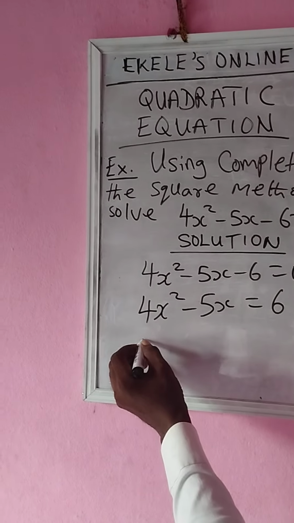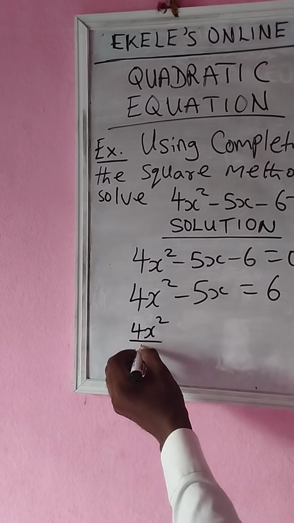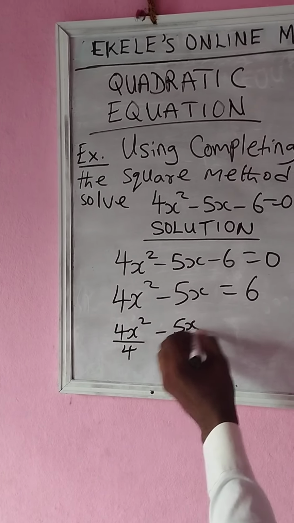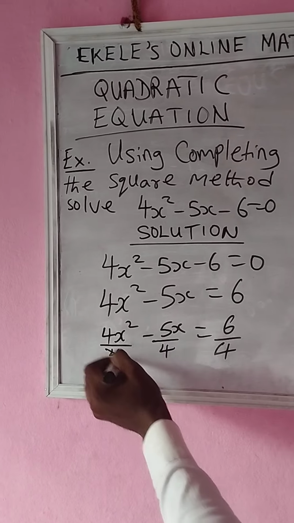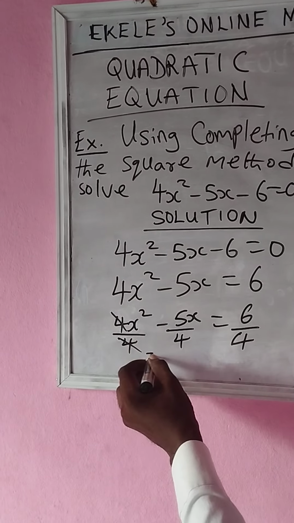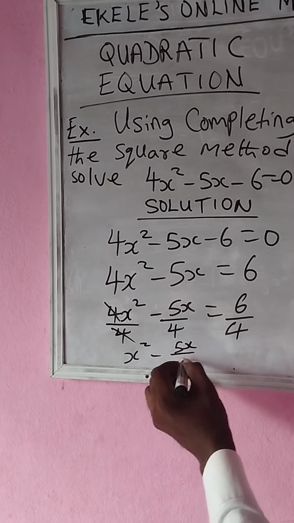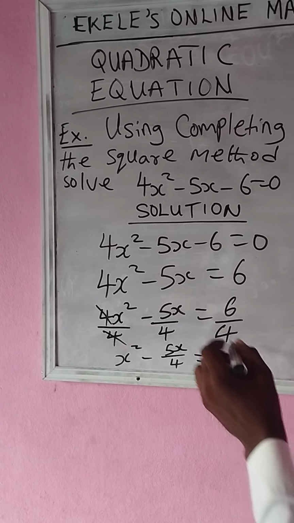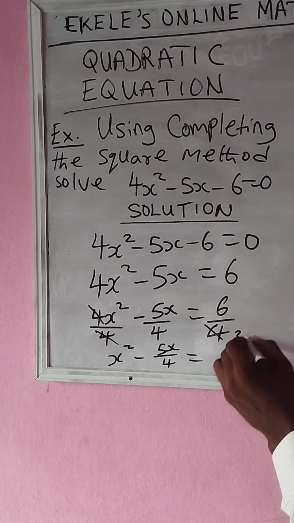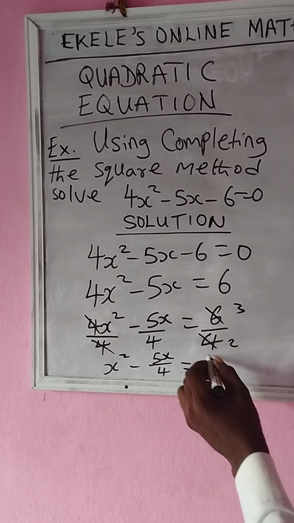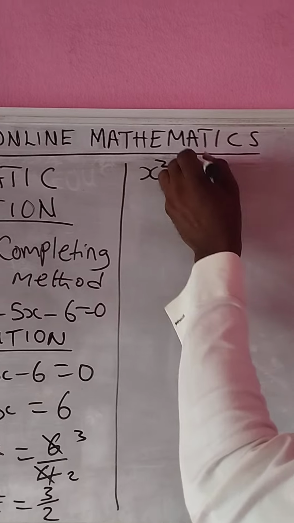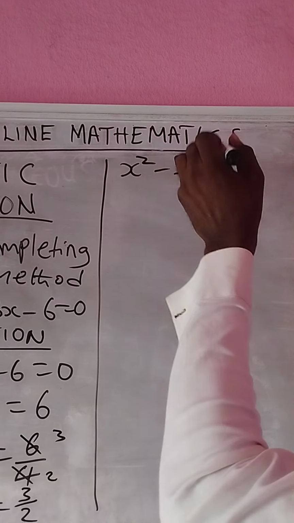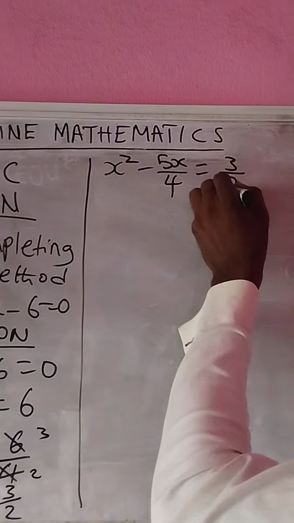We are going to have 4x squared over 4 minus 5x over 4 equal to 6 over 4. 4 divides 4, we have x squared minus 5x over 4 equal to, 2 into 4 is 2, 2 into 6 is 3, equal to 3 over 2. So let's continue from here. We have x squared minus 5x over 4 equal to 3 over 2.